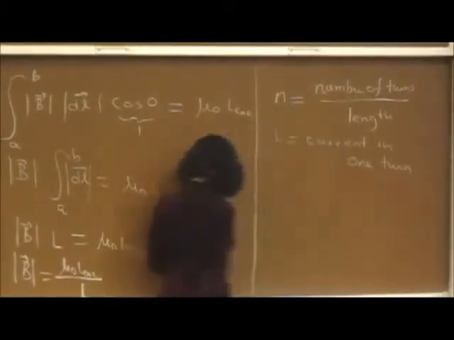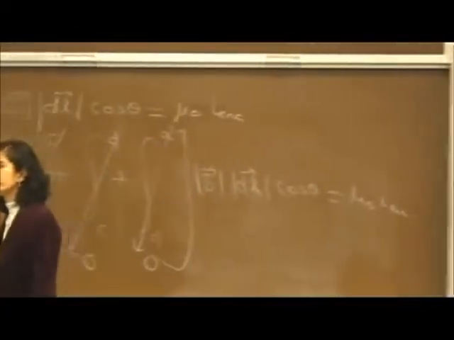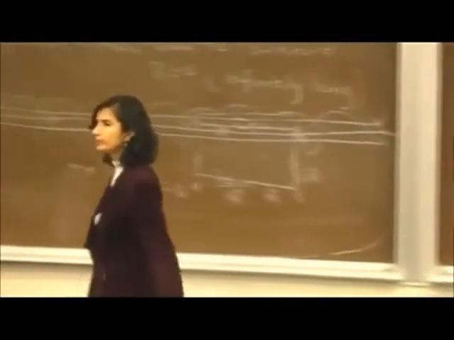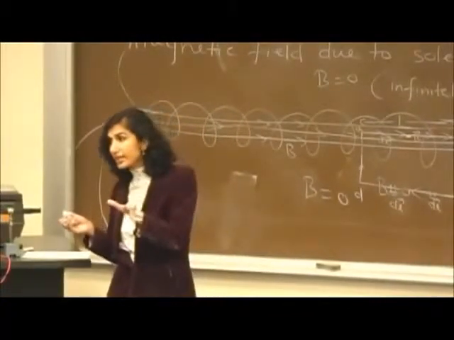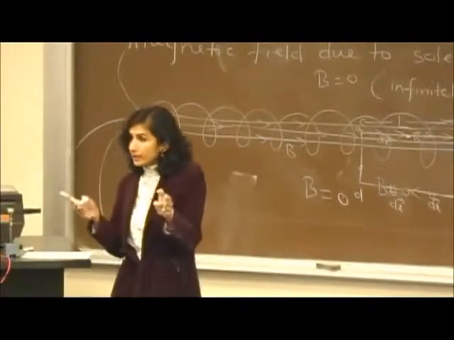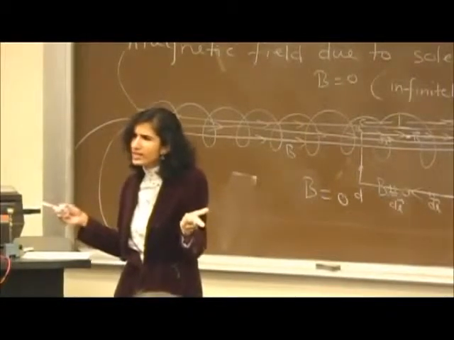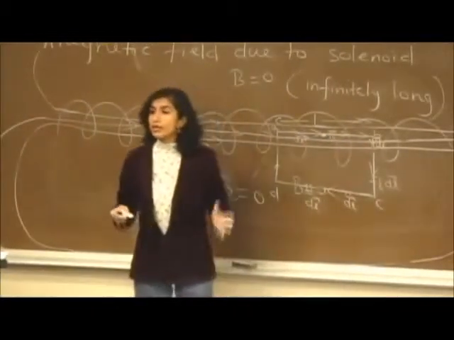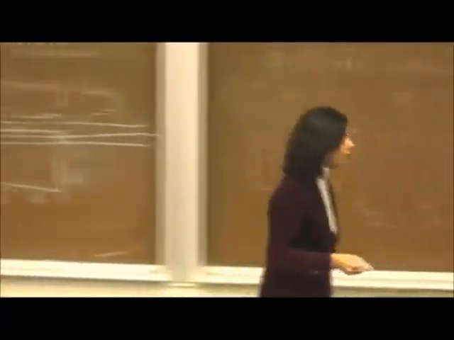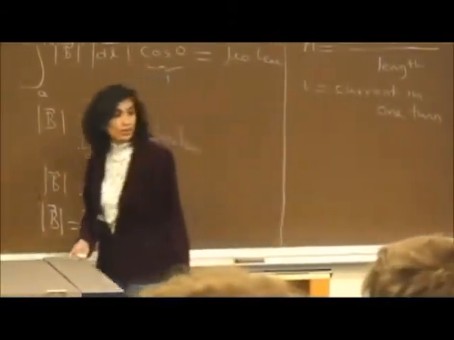Who wants to tell me what is the current enclosed in terms of those two things? Go ahead. n I. Because if n is the number of turns per meter and L is the length, maybe it's 0.5 meter, maybe it's 0.75 meter, whatever it is, it's the length of this Amperian loop that I chose in this direction. You can see that the current enclosed should be the current in one turn times the number of turns per meter.